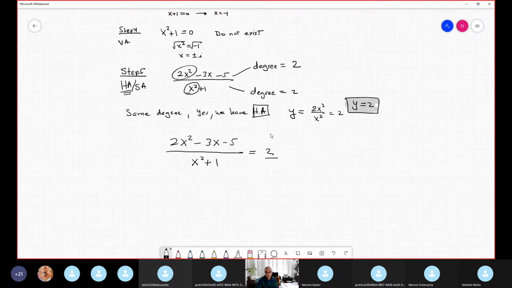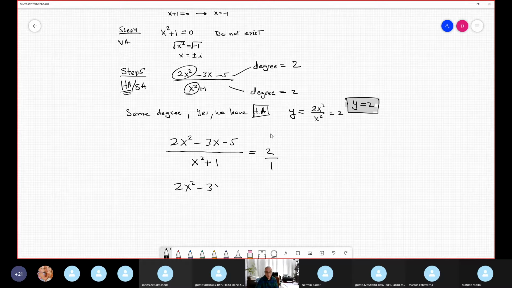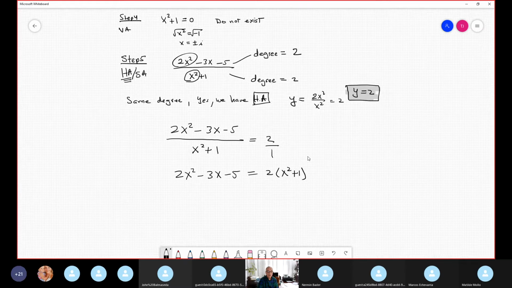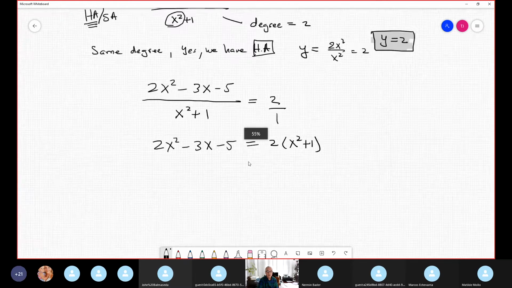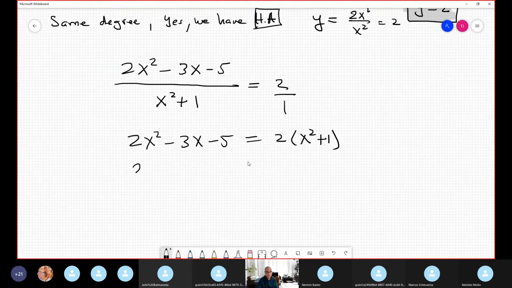You cross multiply like that. 2x squared minus 3x minus 5 is equal to 2 times x squared plus 1. Now distribute the property: 2x squared minus 3x minus 5 equals 2x squared plus 2. Wow, look at that, the 2x squared cancels out.